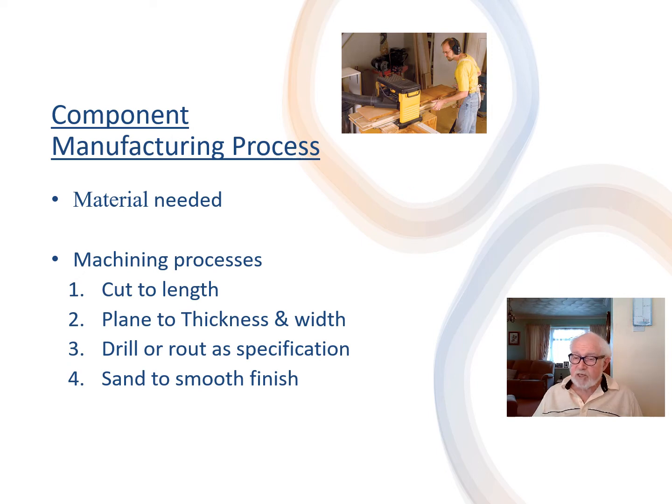The estimator works very closely with buying to confirm cost of materials and manufacturing to confirm process and time allowed. This principle is applicable to manufacturing in all types of industries. For example, liquids and food products use recipes for individual ingredients and the mixing process.